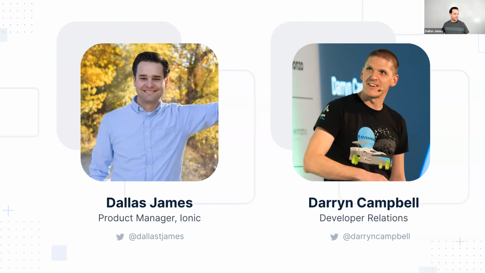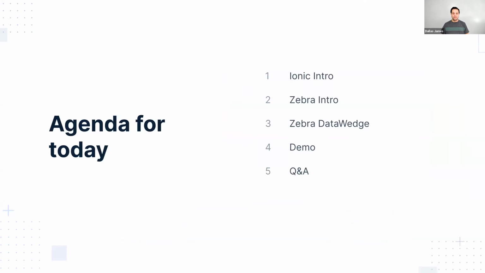Awesome. Thank you, Anna. So our agenda for today, we're really excited to share this coordination together between Ionic and Zebra DataWedge, and really go into some detail about this latest integration that we have put together here at Ionic that allows you to use all of your Zebra applications and devices with your Ionic applications.